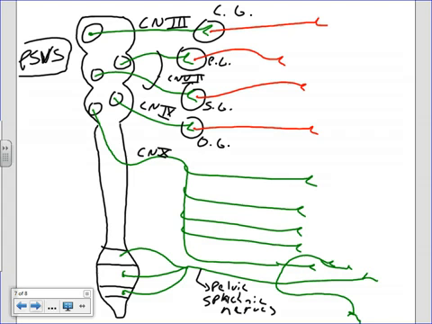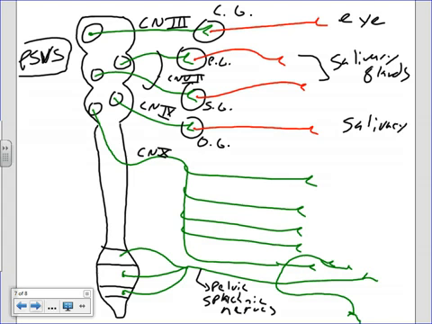Then there's the innervation of, again, more salivary glands, with more cranial nerves, cranial nerve number 7. Again, more cranial nerves innervating more salivary glands.